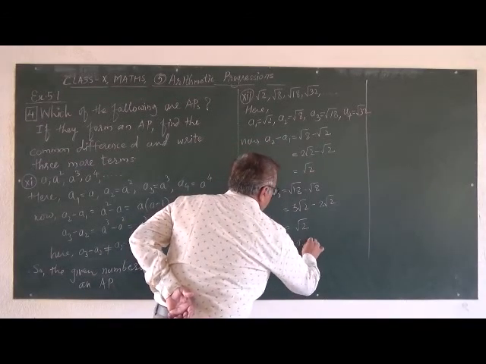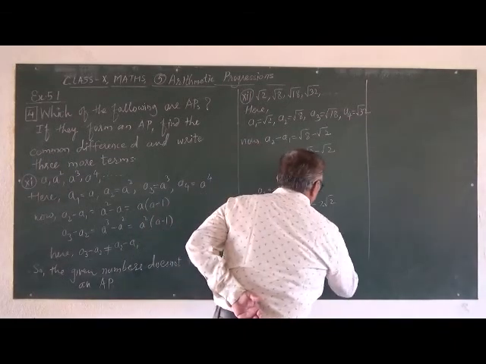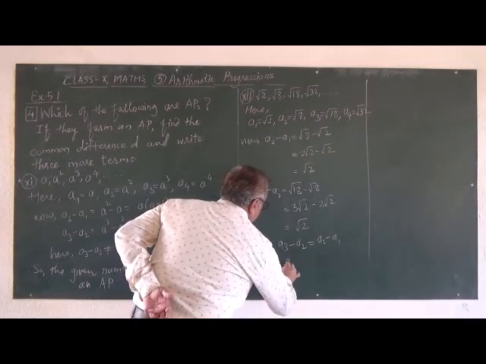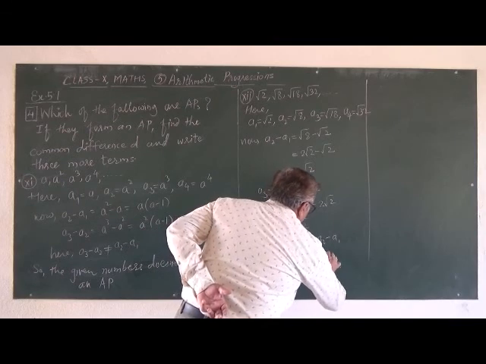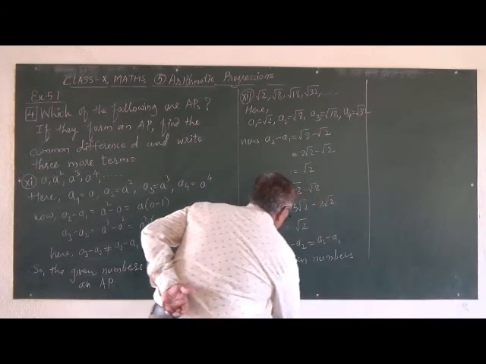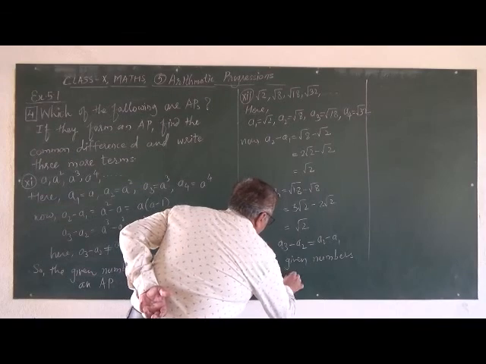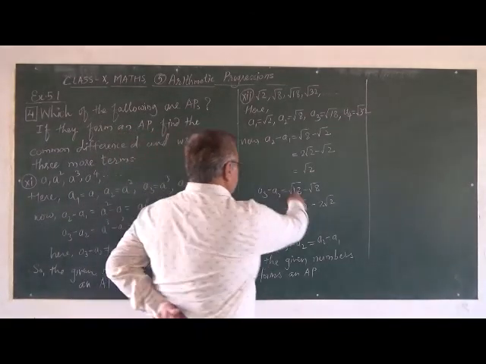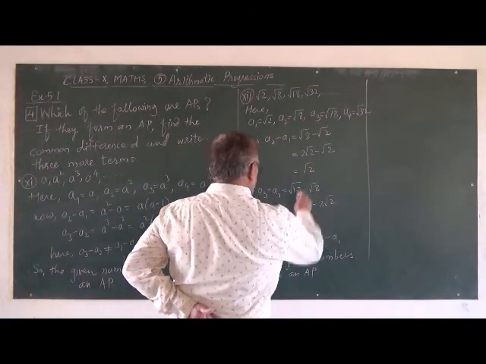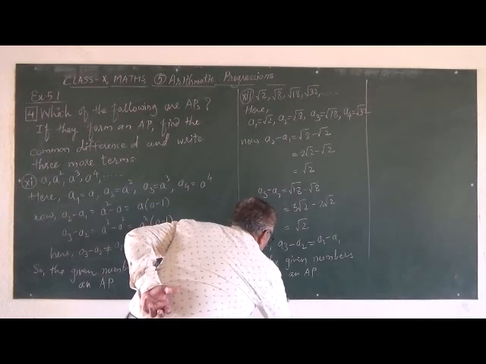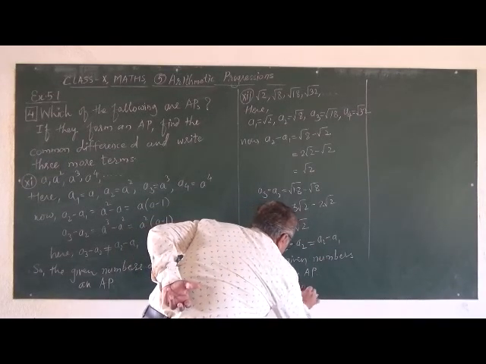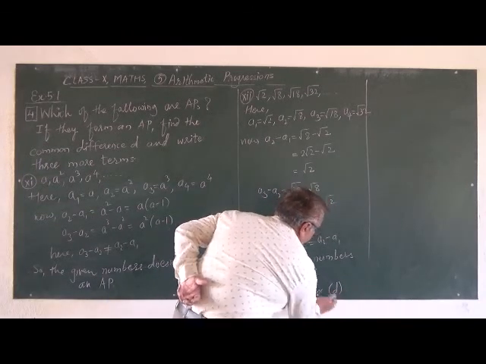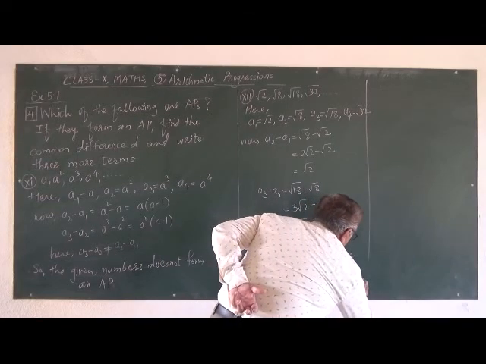So here A3 minus A2 is equal to A2 minus A1. So the given numbers form an AP. What is the common difference? Common difference D is root 2.